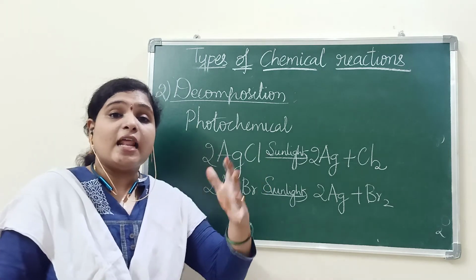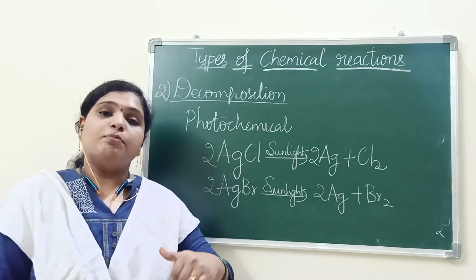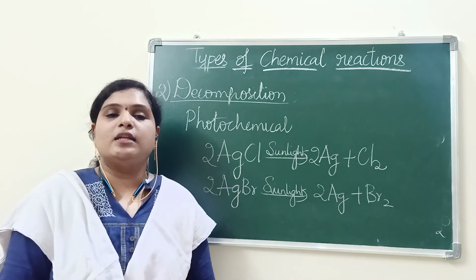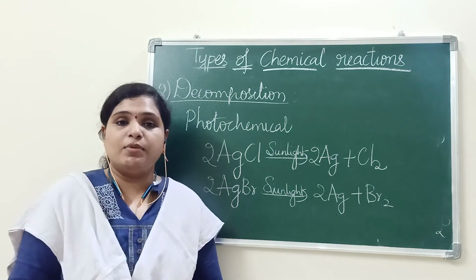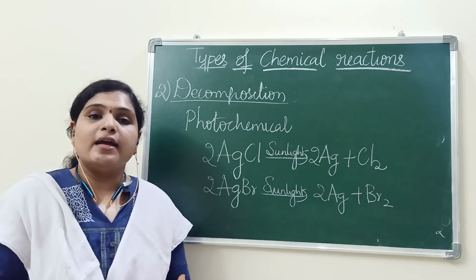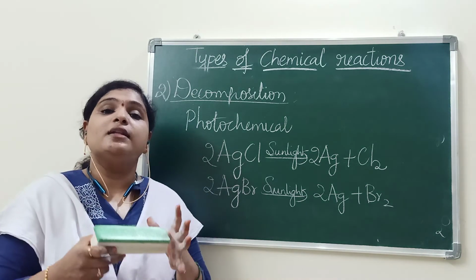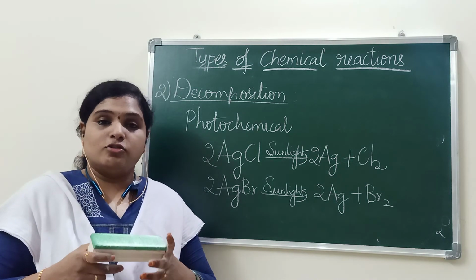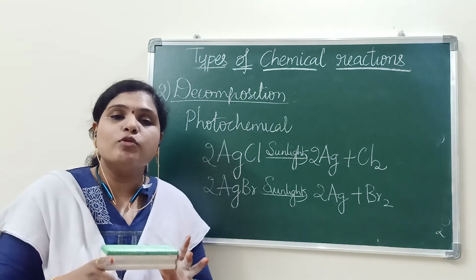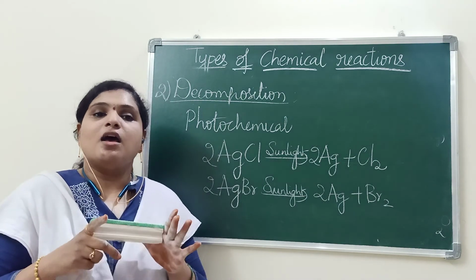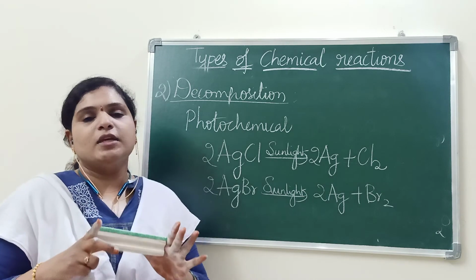Previously with the help of electric current, and before that with the help of heat energy. In all the reactions, what is the thing that is happening? They require some energy for the reaction to occur. So, we can say in another term, right? Decomposition reactions are endothermic reactions.